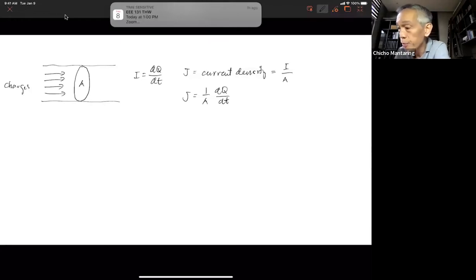Now, what is Q? Q is the amount of charge.